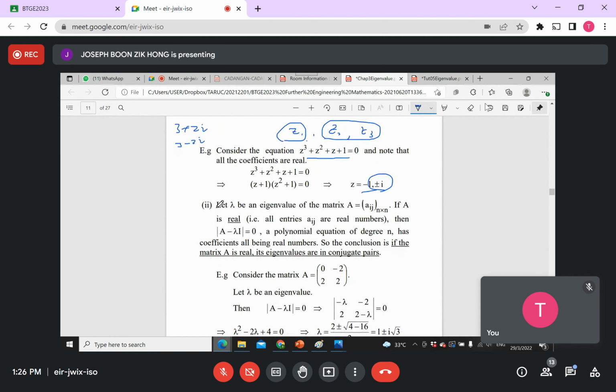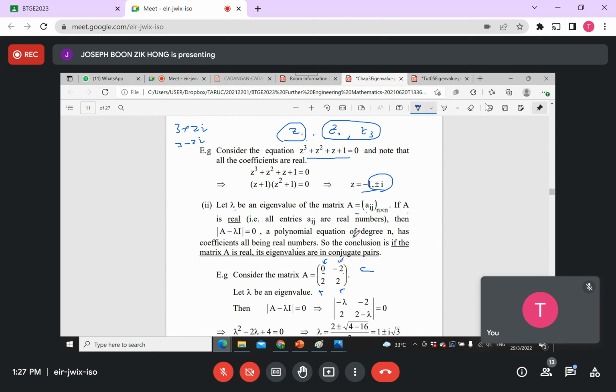The second, let's say lambda is an eigenvalue of the matrix of this one. If your A is real, that means all your entries can be 0, positive, or negative, but must be real numbers. Then A minus lambda I, a polynomial equation of degree n, has coefficients that are real numbers.